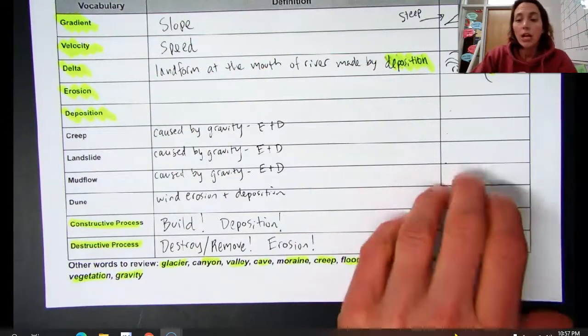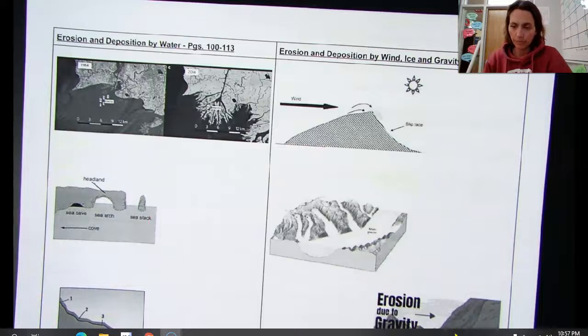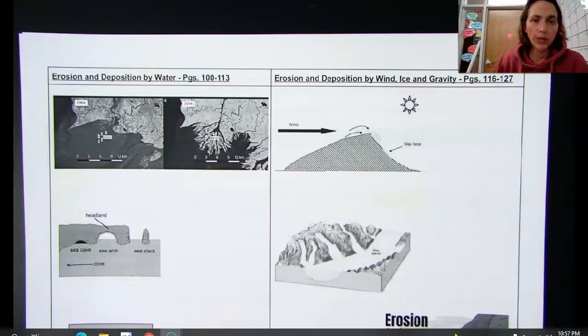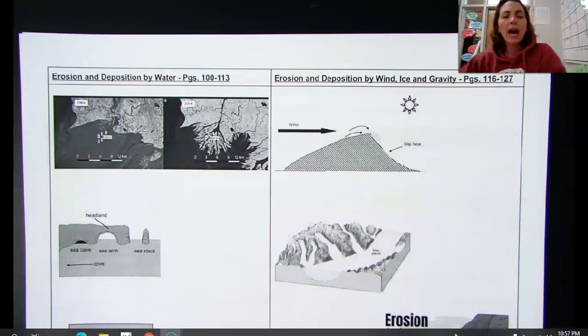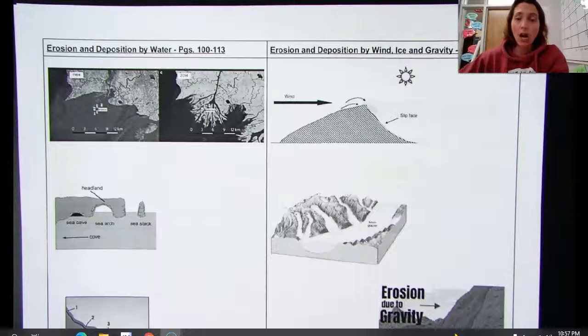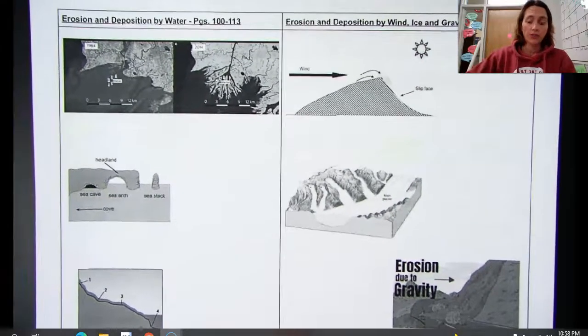Okay. So let's go to the back. I have it on a separate piece of paper. Okay, I know you're probably getting tired of listening to me. I promise I will be done in a moment. So the back has blank space for you to fill in anything you want. I put some important pictures in there that I want to label with you because these will help you on your test.